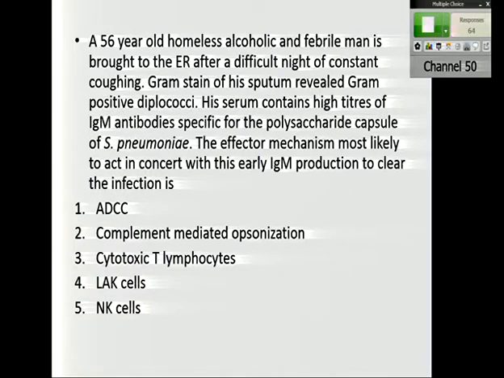Complement activation actually. Okay, complement mediated. This would be a more appropriate answer.